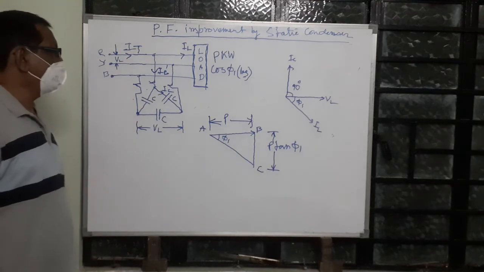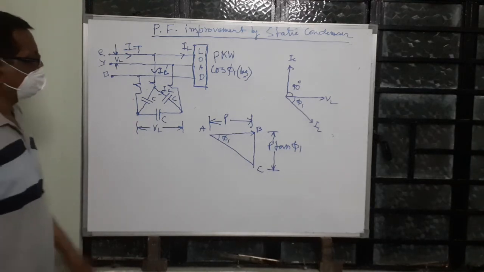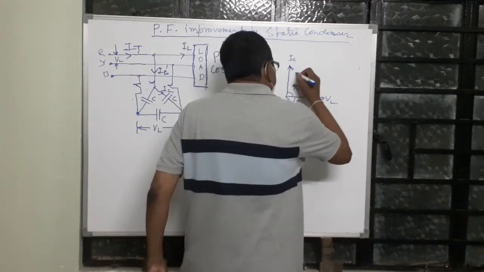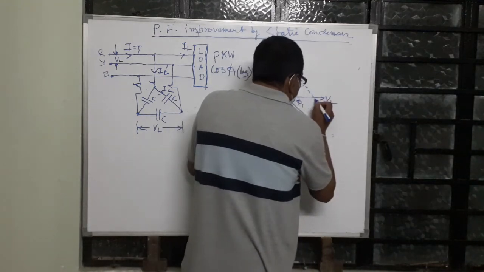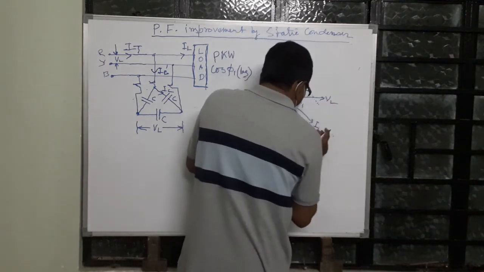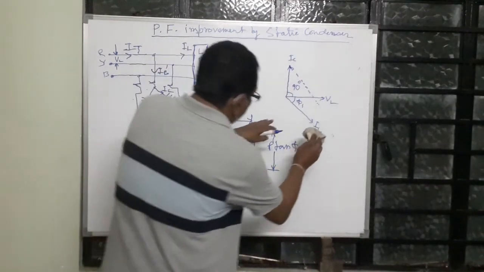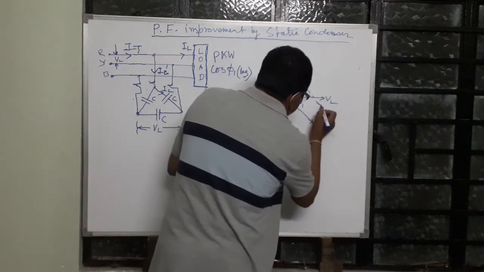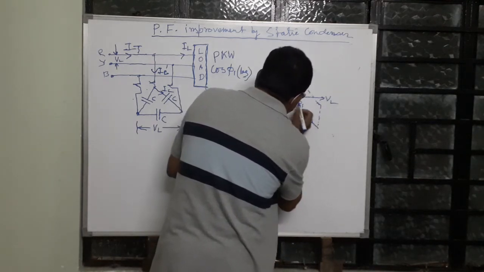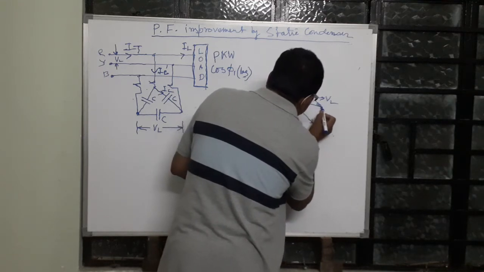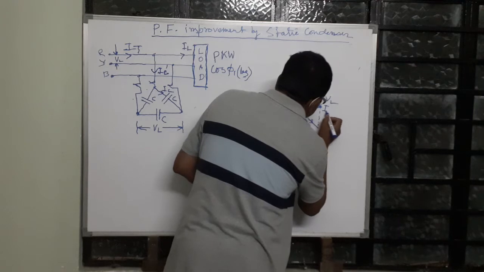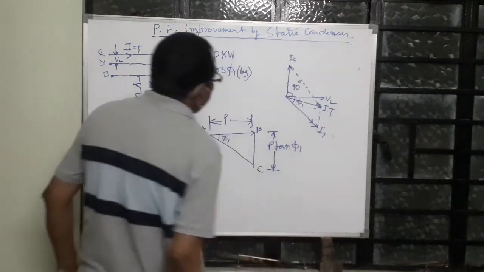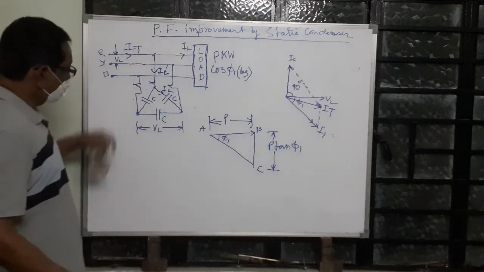After the improvement, the power factor improves from phi 1 to phi 2. This is IT and this is IL.